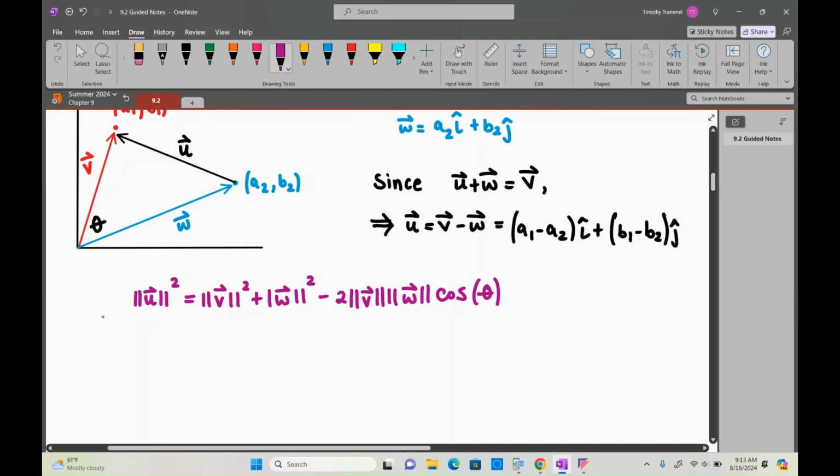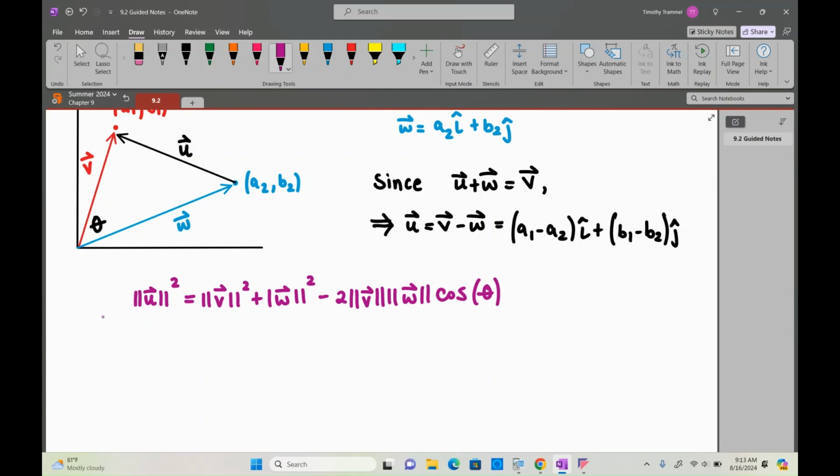So this is helpful now. We have introduced theta into this equation, right? And as I mentioned, our goal is going to be to find this angle theta.